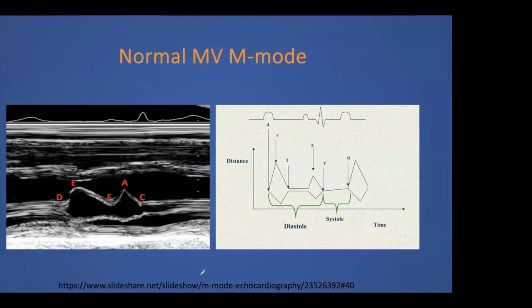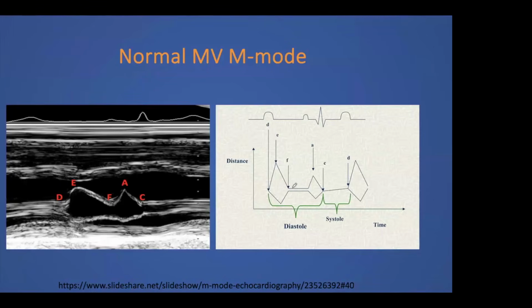And I want to refer you to this lecture. It was very nice. It was one of the most detailed things I have ever seen in M-mode, just for the mitral and the aortic, which is good. So we will have a period of diastole, and there is a diastasis in the middle.